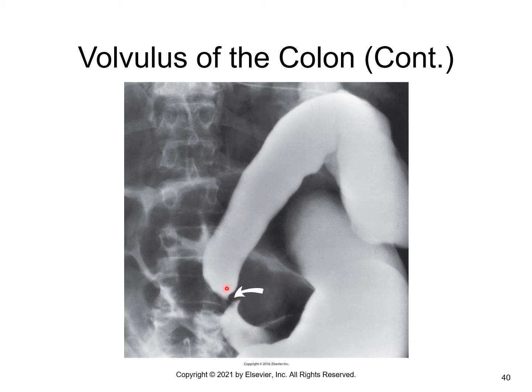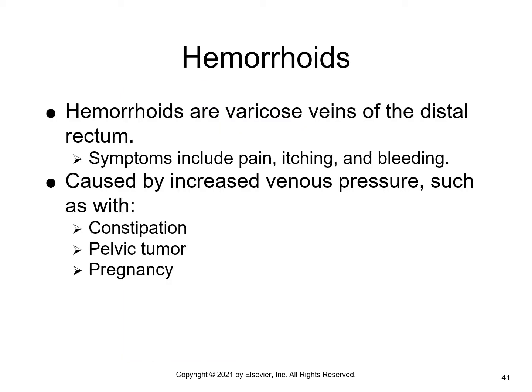So this colon is twisted upon itself. They've provided barium into this colon, but you can see where the twist occurs, you get this beaking sign from both sides of the twist. Okay. Now, sometimes a barium enema can actually be therapeutic in this and cause the bowel to untwist itself because of the barium in the enema.